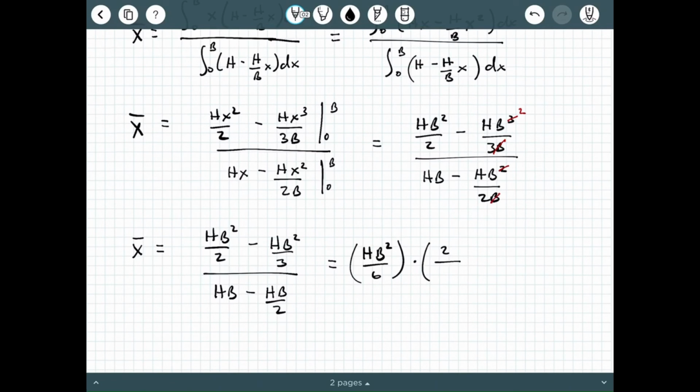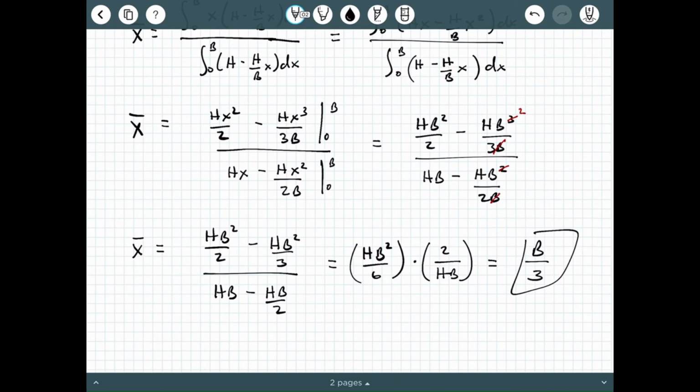The denominator flips and becomes 2 over hb. I'm just letting you know I skipped some algebra steps right here, maybe two algebra steps, so you guys figure that out. And when we punch this through, we end up with just b over 3. So that's my x bar.